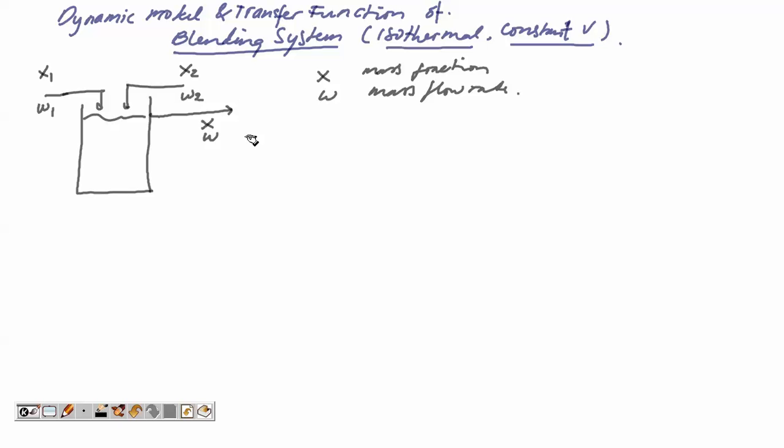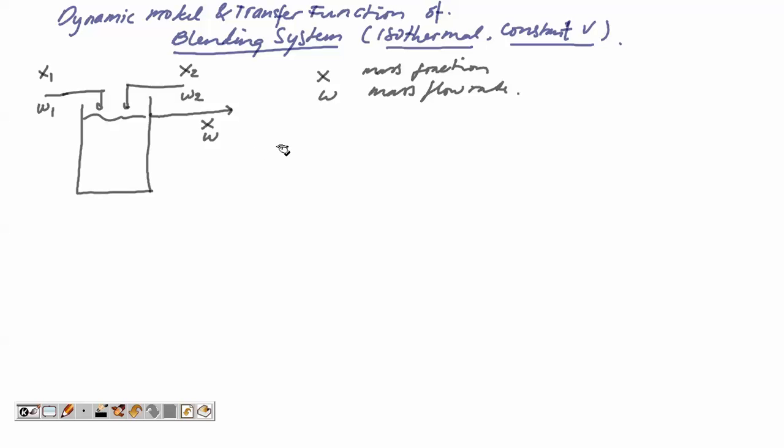Okay, so how do we derive the differential equation using the mass balance? Because there is no energy here, we assume no heat of mixing.